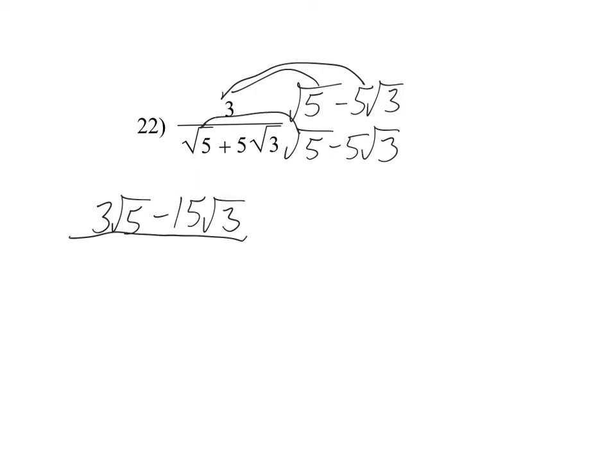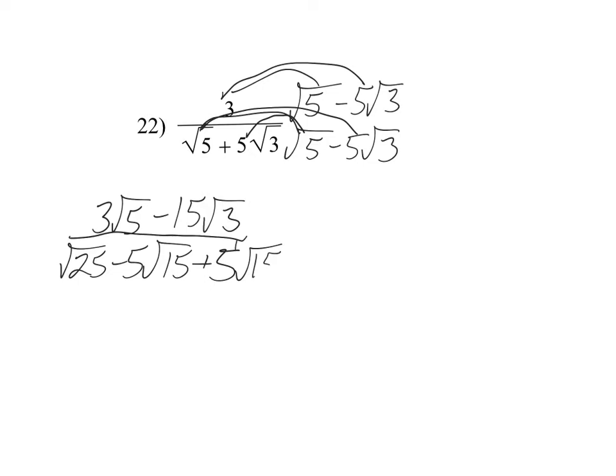Over, radical 5 times radical 5, that's radical 25. Radical 5 times negative 5 radical 3, that's negative 5 radical 15. Positive 5 radical 3 times radical 5 is plus 5 radical 15. And 5 times 5 is 25. That should be a negative. So negative 25 radical 9.